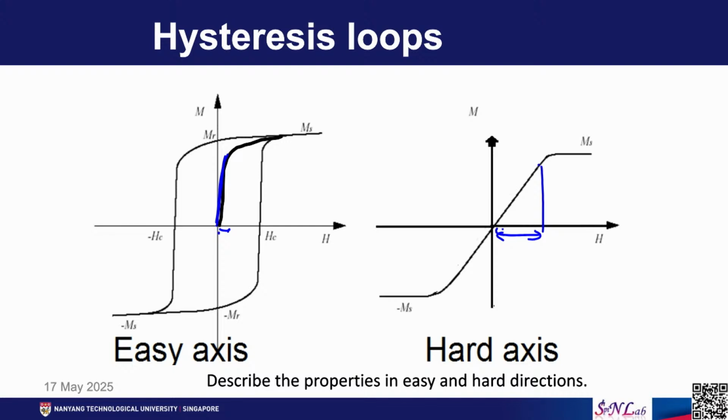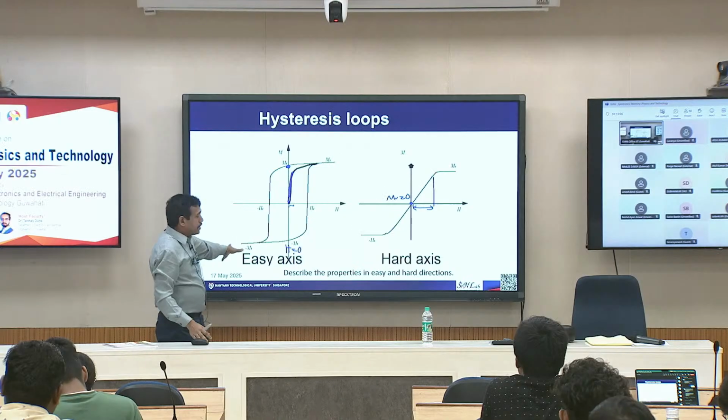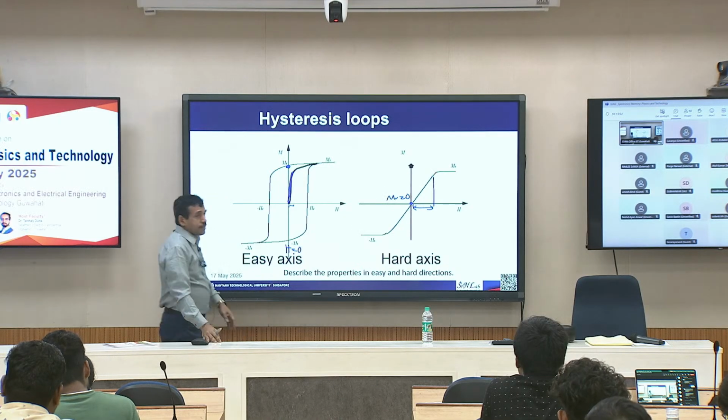And you can also notice that once you remove the magnetic field, so you know that here is 0 field, right. So, at 0 field, a large magnetization is retained, whereas here the retention is almost 0. Okay. So, this will be the difference between the hysteresis loop in the easy direction and the hard direction.